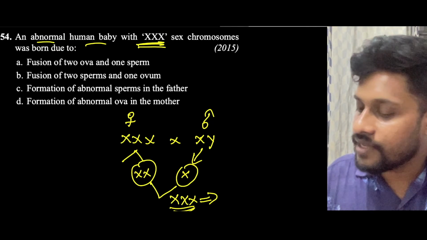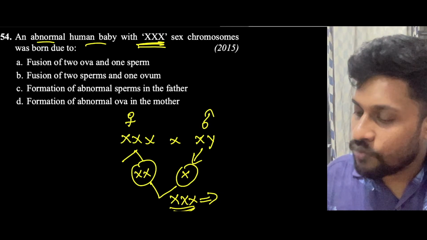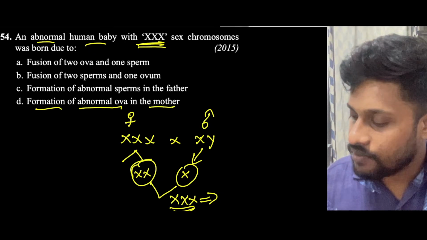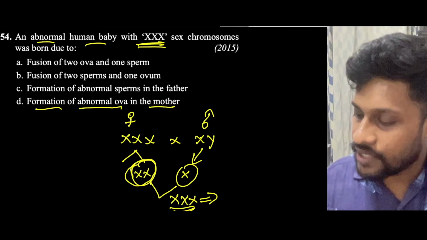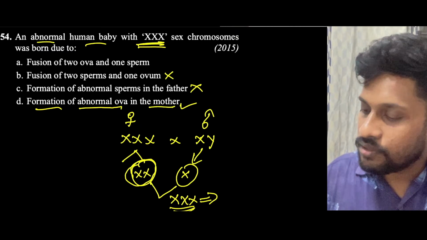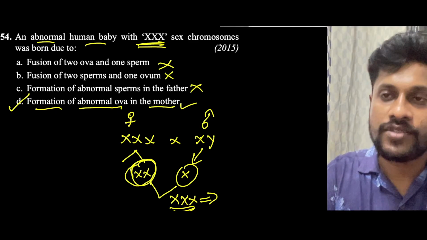So what will be the answer here? Formation of abnormal ova in mother. You see? Abnormal ova in mother. Correct. Abnormal sperm, not. Fusion of two sperms, not. So the answer will be option D. Yes, very good, guys.